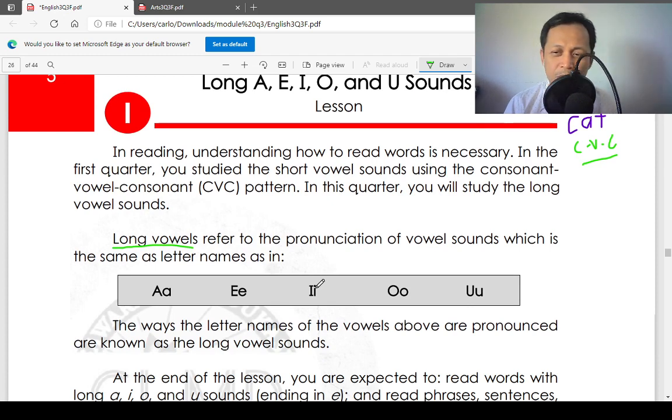Long vowels refer to the pronunciation of words which is the same as the letter name, as in A, E, I, O, U. We pronounce the following vowels using their letter names.